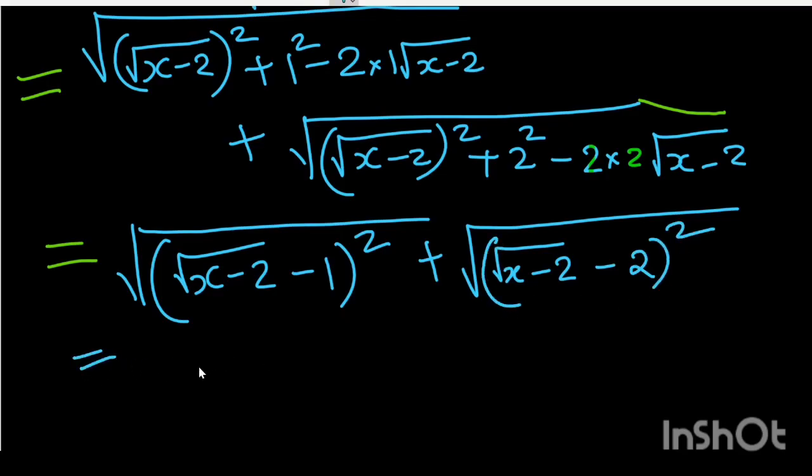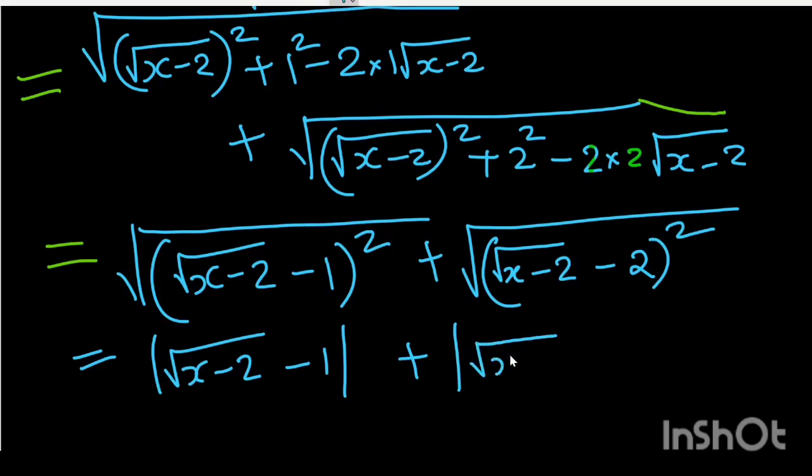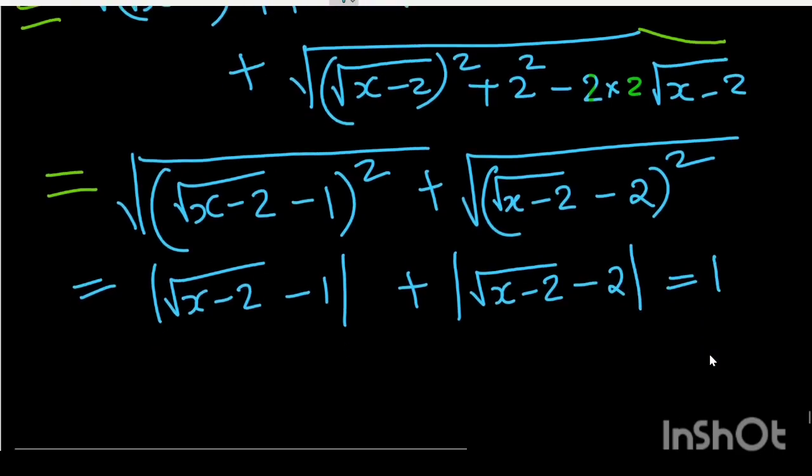So we know that under root of a square is mod a. So we can write it as mod of root of x minus 2 minus 1, and this also we can write as mod of root of x minus 2 minus 2, equals 1, the right hand side.